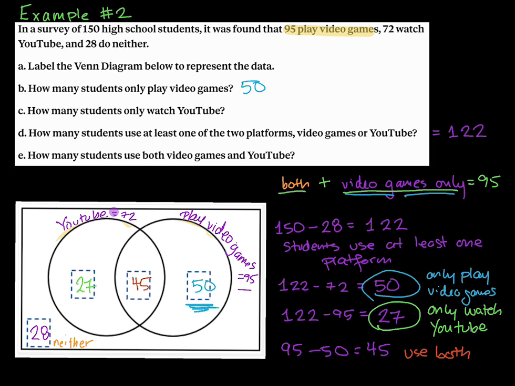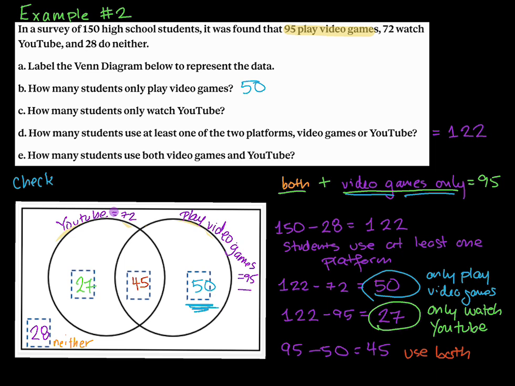So you can see that this adds up to 95, right? And this, if you check it, adds up to 72, which is how many use YouTube. And so really we can check it to make sure the whole thing adds up to 150.